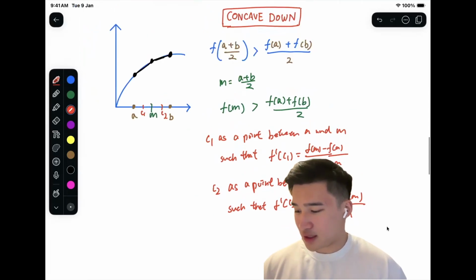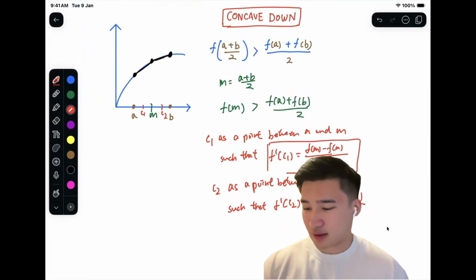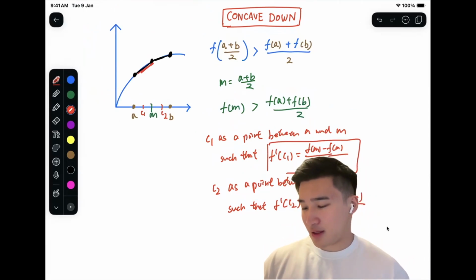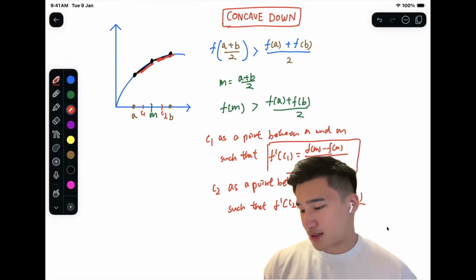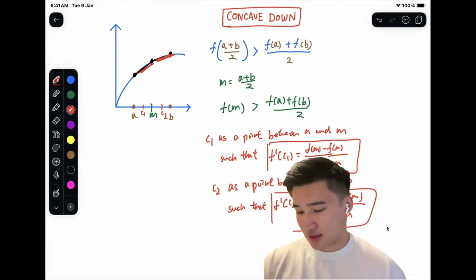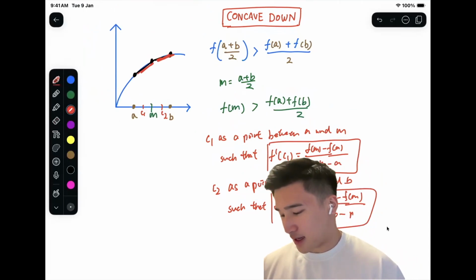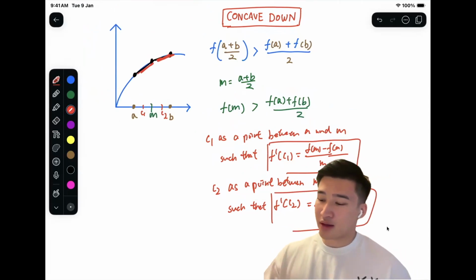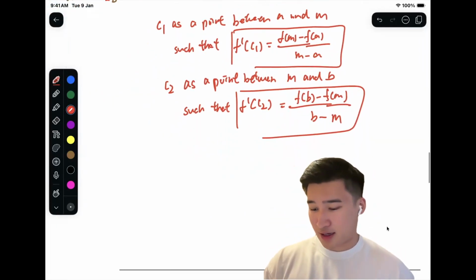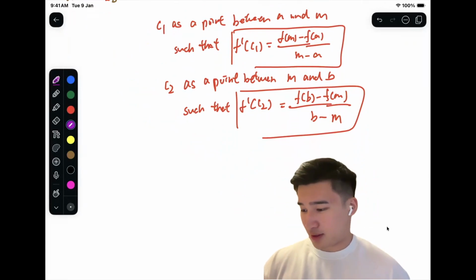You see the slope here is basically this one: f(M) minus f(a) divided by M minus A, and f(b) minus f(M) divided by B minus M. Actually, I wrote it wrong, it's M. Sorry about that. Having these two formulas, we can continue by doing some manipulation.